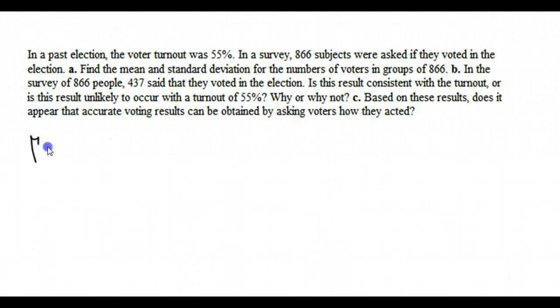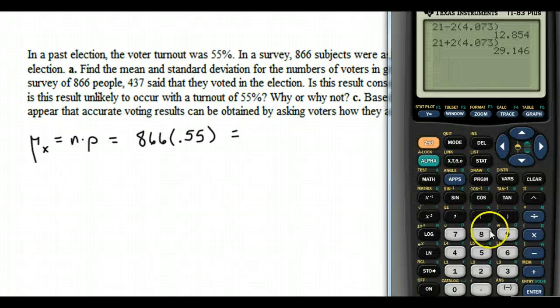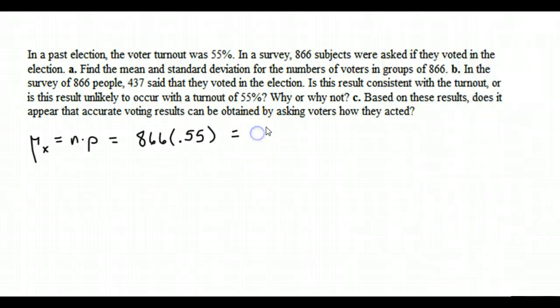So the mean is n times p. N is 866 in this case, and p is the probability that a voter turned out and voted. 55% as a decimal is 0.55, and I multiply that out. So 866 times 0.55 is 476.3.